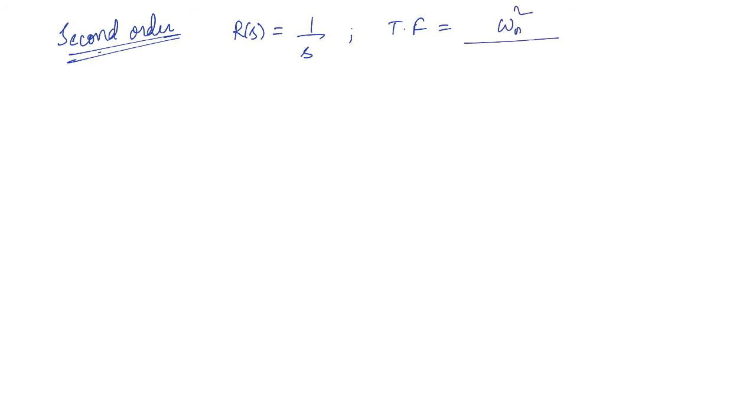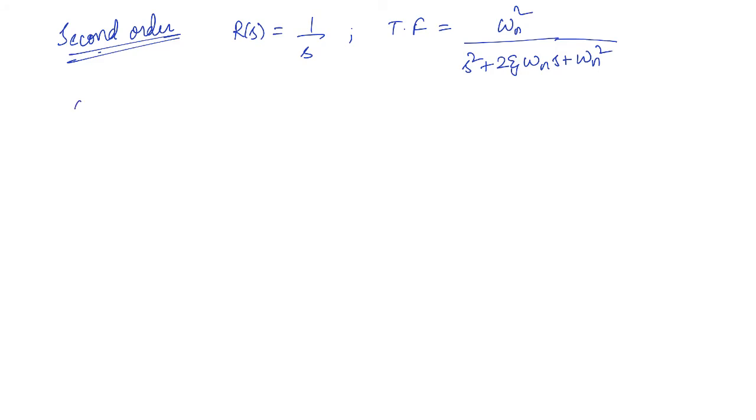Next we will see the unit step response of a second order system. Here the input R of s is the unit step input, which is 1 by s. And the transfer function we have seen is omega n square divided by s square plus 2 zeta omega n s plus omega n square.